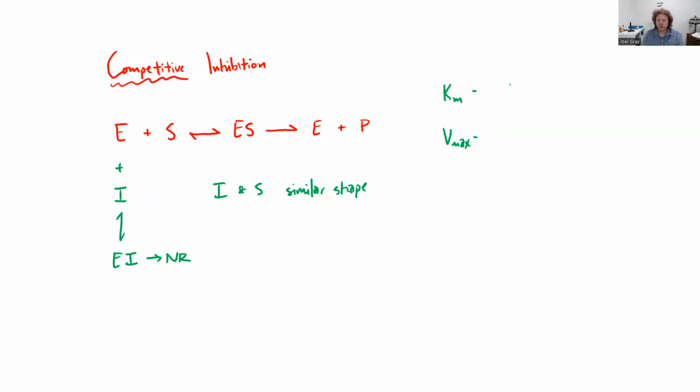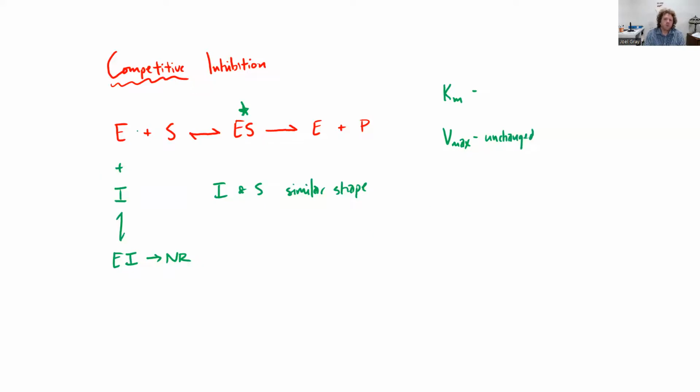When we talk about inhibitors, what we're always curious about is what happens to the Km and the Vmax. As soon as the enzyme forms a complex with the substrate, the product's going to be generated without an issue. So your Vmax is unchanged.